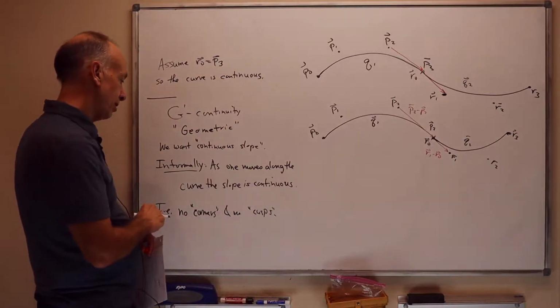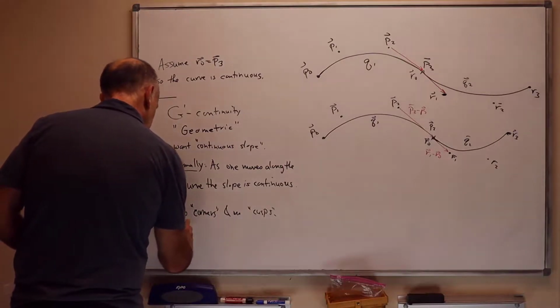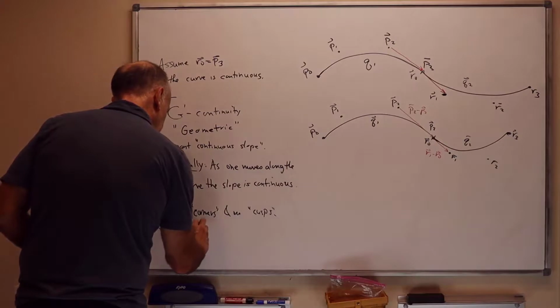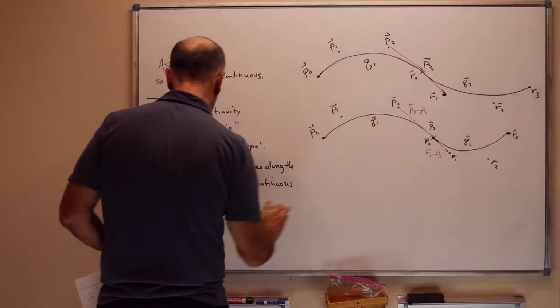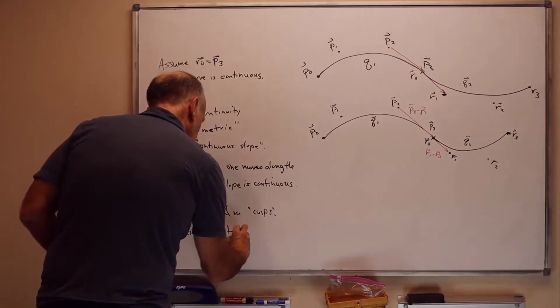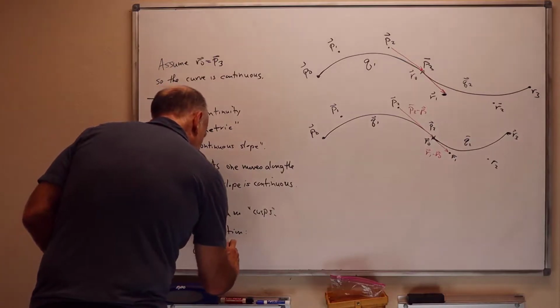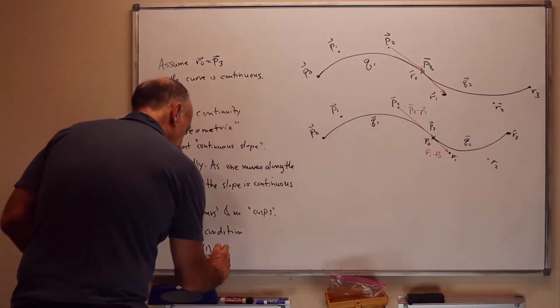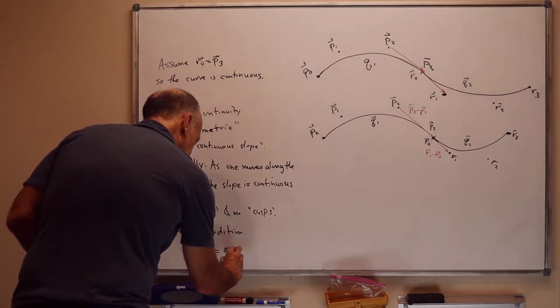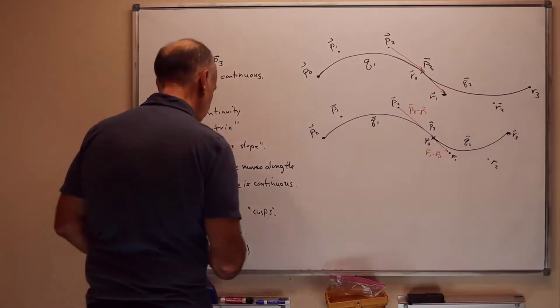What we need for this is a sufficient condition, and it's what's pictured over there on the board. The sufficient condition is that Q1 prime of 1 is equal to some positive multiple of Q2 prime of 0.